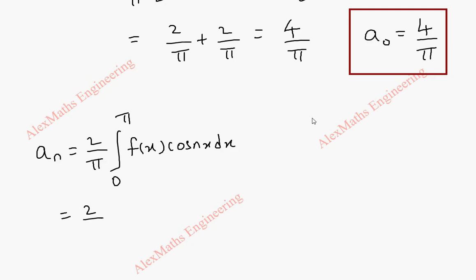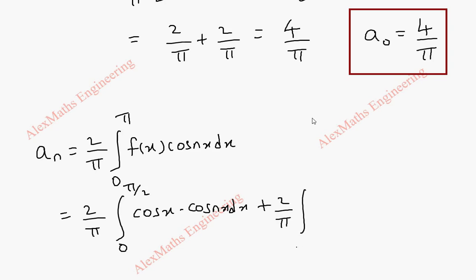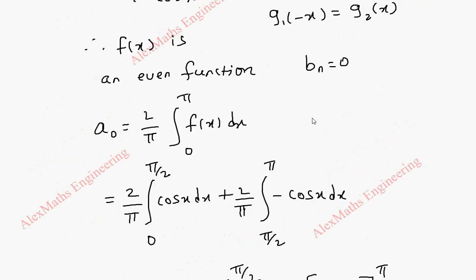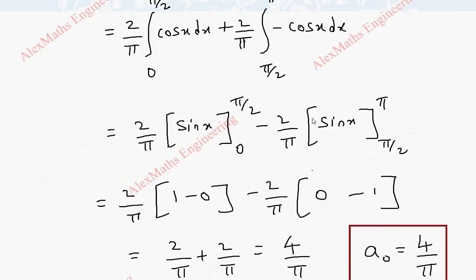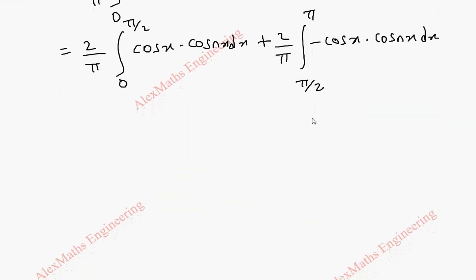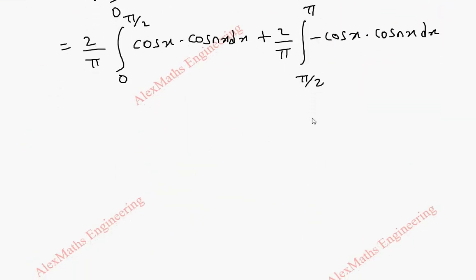But this is once again split into two parts. 0 to pi by 2, f of x is cos x, then into cos nx dx, then plus again 2 by pi integral pi by 2 till pi, and minus cos x we have for f of x into cos nx dx. So the first part is cos x, second part is minus cos x, so for the respective interval we have substituted.